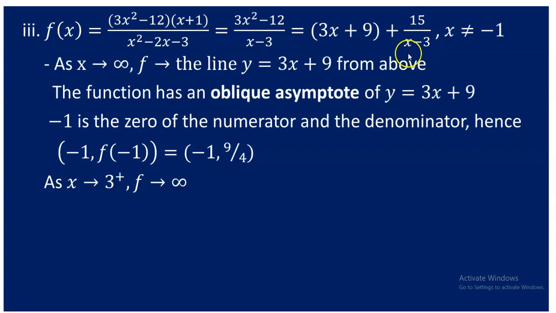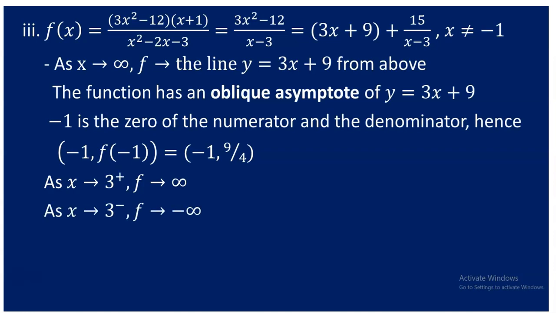So positive infinity indeed. So positive infinity plus some other positive number is going to be a large positive infinity. So f goes to infinity. So this shows you that there is also a vertical asymptote at x equals 3.